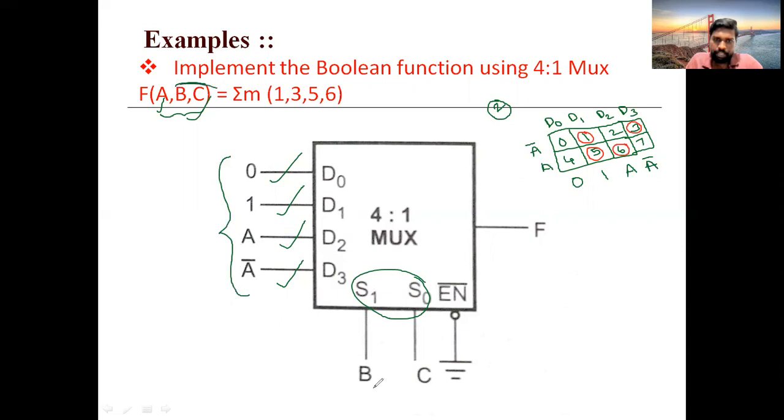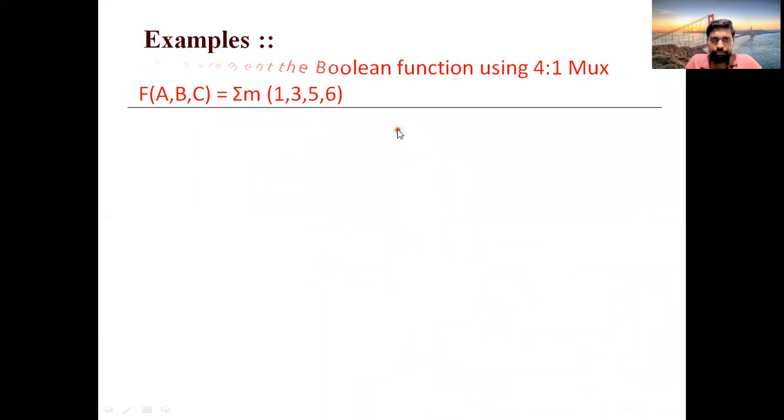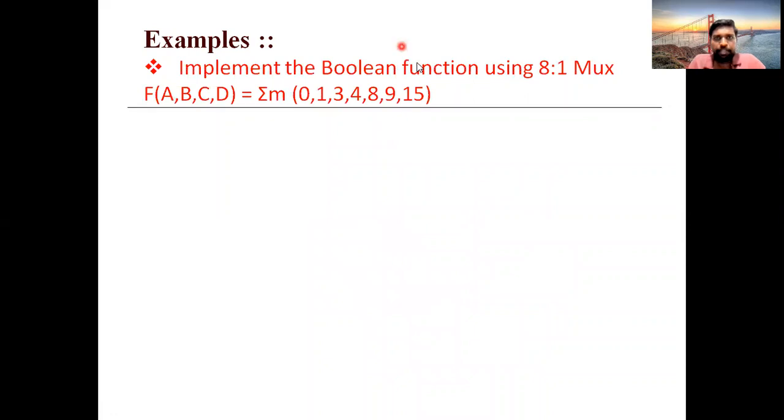Take this BC as the names of the selector inputs. That's it. Okay, like that you need to first convert or reduce the given form into a normal form by this table and then draw the final diagram. Okay, so let us see one more example so that it will be clearly understood by you. See here, see this. As per the question, the number of selector inputs n is equal to 4.